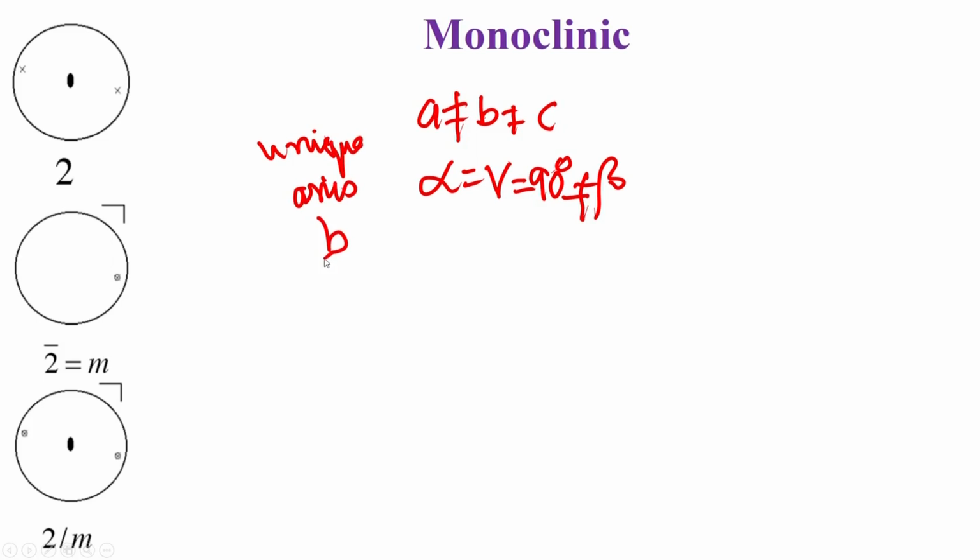As you can see, this is a definition which can be variable. That means the two-fold axis could be along the x direction, the A axis, or it could be along the C axis. Those are referred to as non-standard settings. A standard setting is the one in which the unique axis is B as far as monoclinic systems are concerned. So, generally the monoclinic system is defined with respect to the B axis being unique.